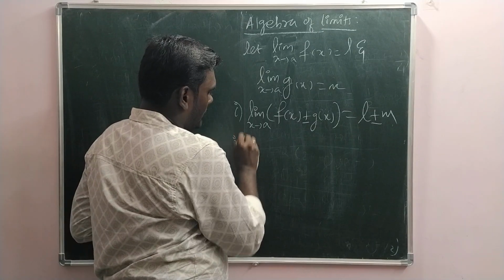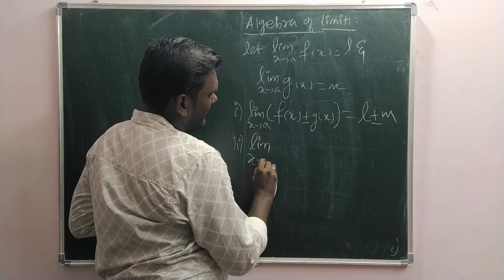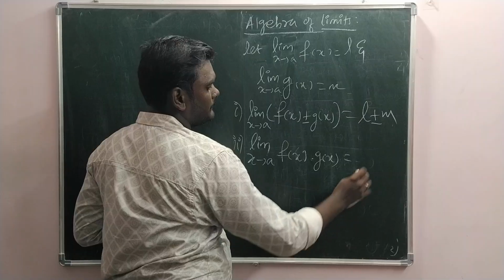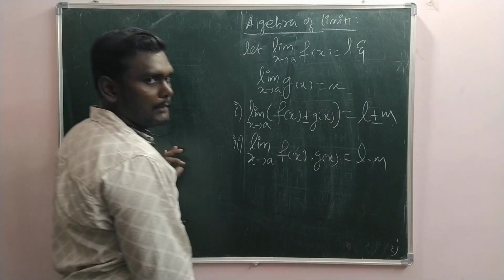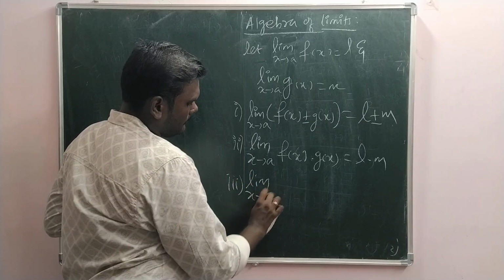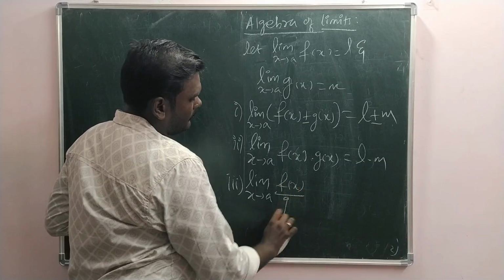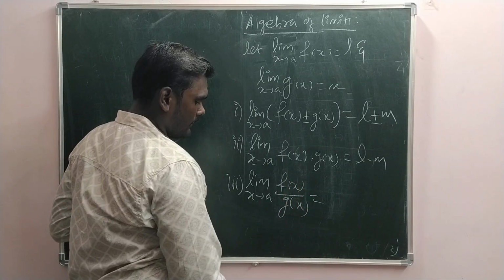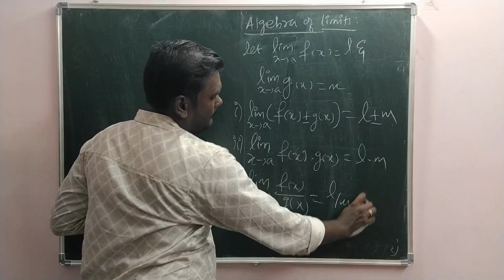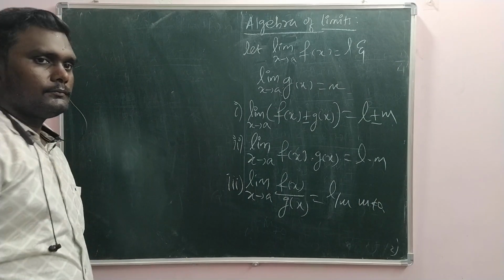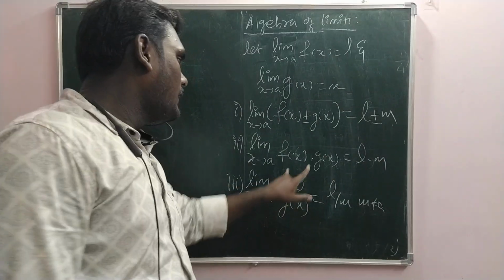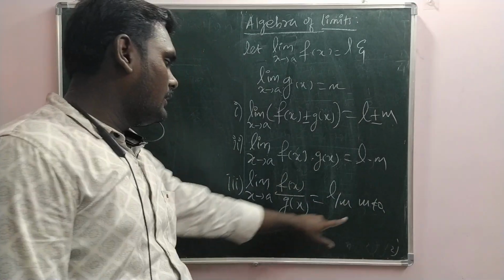And the second one, limit x approaches a, f of x into g of x will approach L into m. And limit x approaches a, f of x over g of x approaches L by m, provided that m is not equal to 0. So simply when we add those two functions, the limits can be added, subtraction also, the limits can be subtracted. When we multiply, the limits can be multiplied, and when we divide, the limits can be divided.